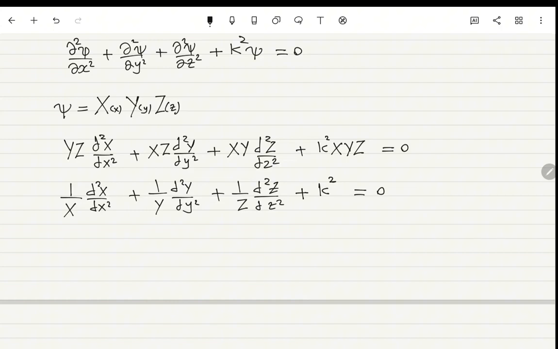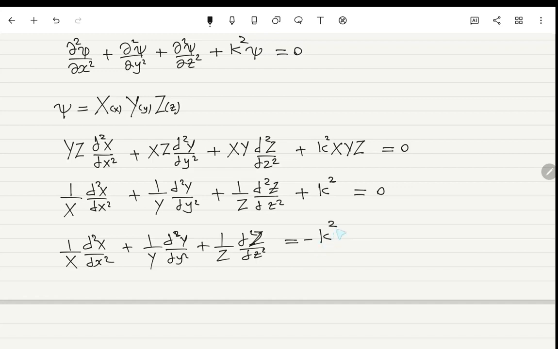In other words, 1 over x d2x by dx squared plus 1 over y d2y by dy squared plus 1 over z d2z by dz squared equal to minus k squared. And remember, k here is constant.